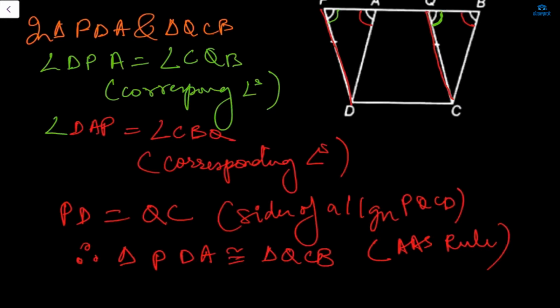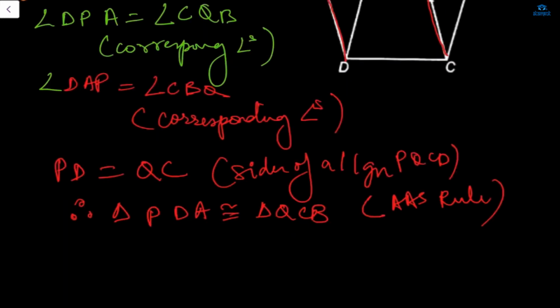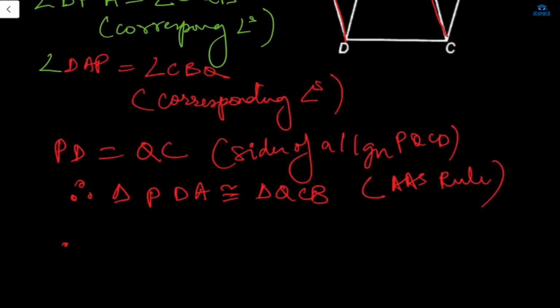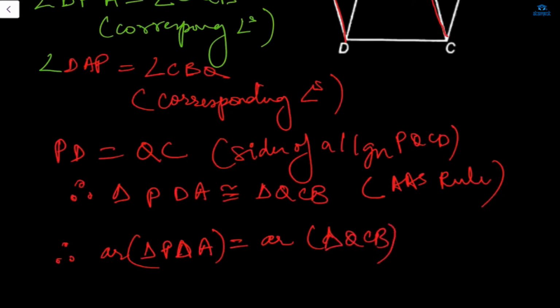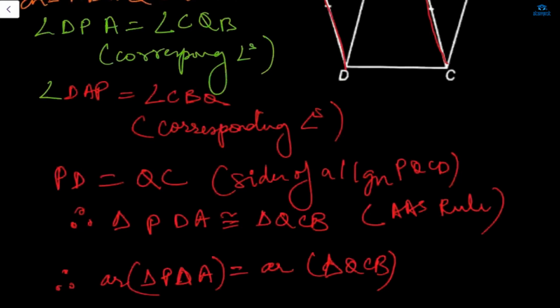Now we have proved the two triangles are congruent. Therefore, area of triangle PDA is equal to area of triangle QCB. Am I right? Yes, ma'am. Now, you have studied in Euclid's axioms that if we add the same thing on both sides, they will still be equal.